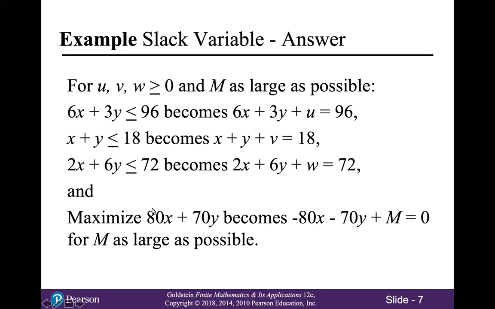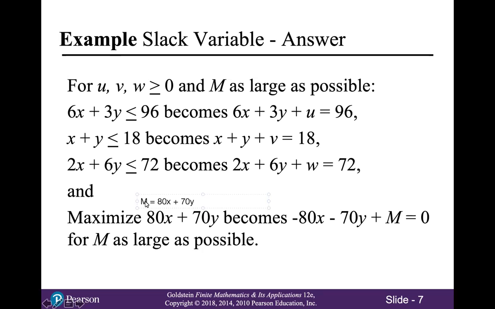and let me put another note in here because this is not quite telling the whole story. Where they got this equation from is starting with m equals 80x plus 70y. We want to write that equation in standard form by having all of the variables on one side.